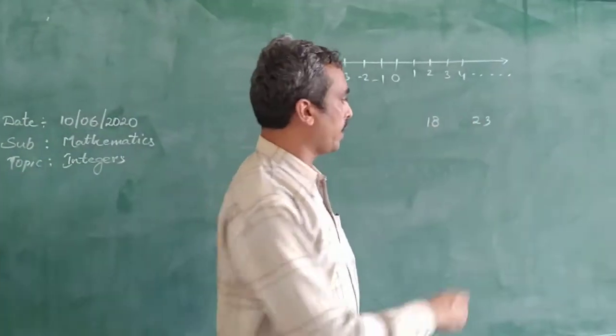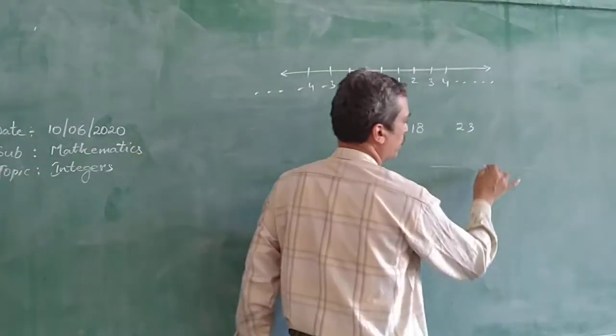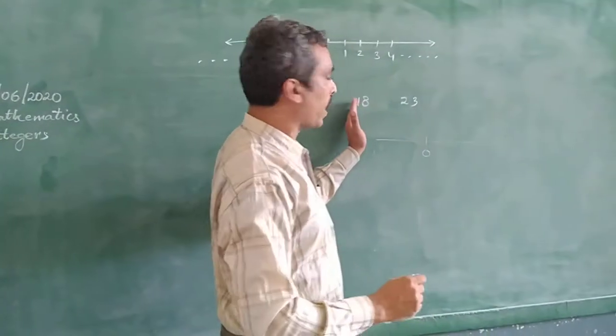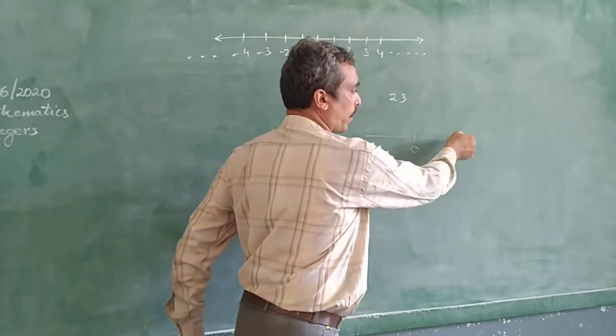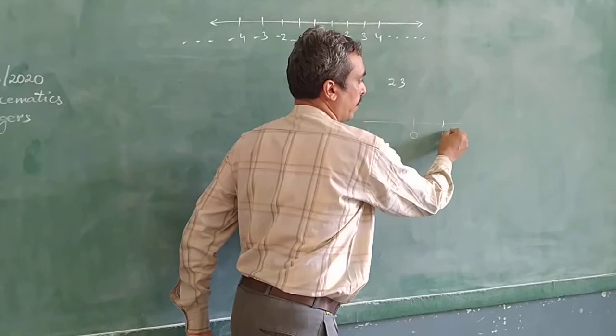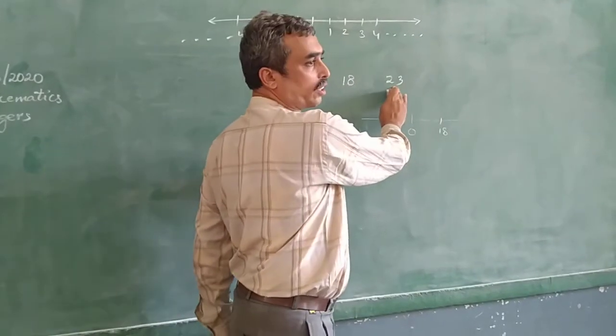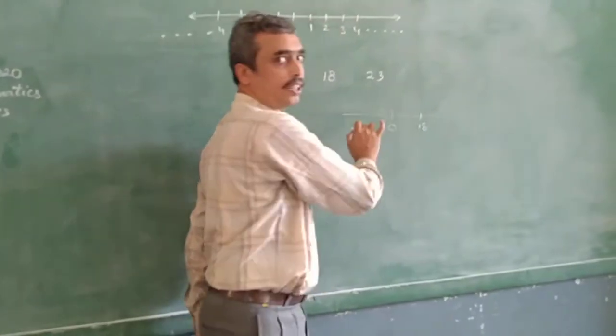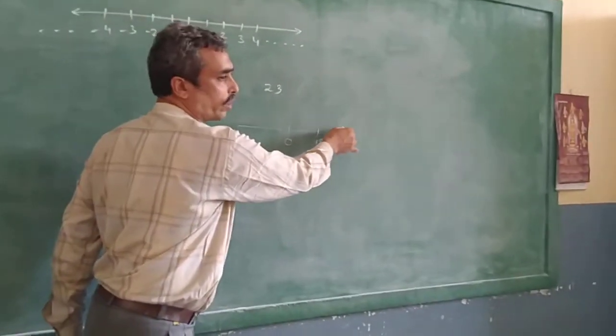Imagine you are on the number line, at 0. When you mark the numbers, 18 will be after 0, somewhere after 17. And 23 will definitely be after 18; it cannot come before 18. After 18 come 19, 20, 21, 22, 23.